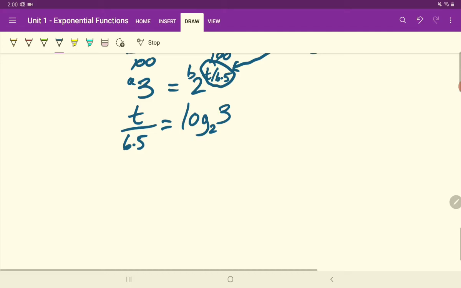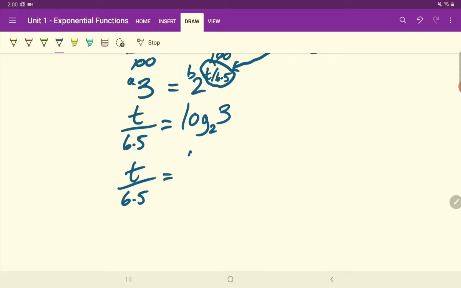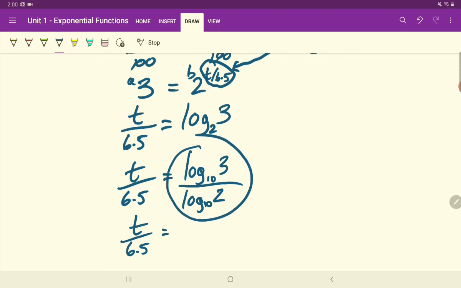Now converted to base 10, t over 6.5 is equal to log of 3 with a base 10 divided by log of 2 with a base 10. What is t over 6.5 equal to? Once I do this in my calculator, log of 3 divided by log of 2, it is equal to 1.59.